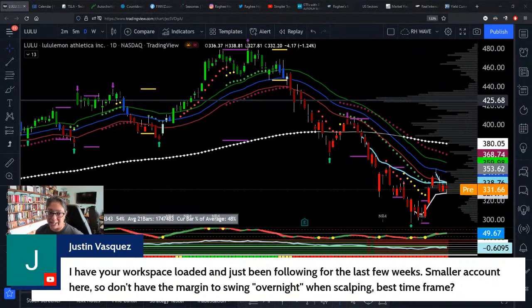What is a swing? If I ask 10 different people, I'll probably get 10 different definitions. So swing is synonymous with the retracements in a trend. That's the way I look at a swing trade. But swing trades probably more generally have turned into an overnight trade on a longer term time frame. So scalping is usually intraday. Swing trades are usually longer duration time frames, longer time horizon.